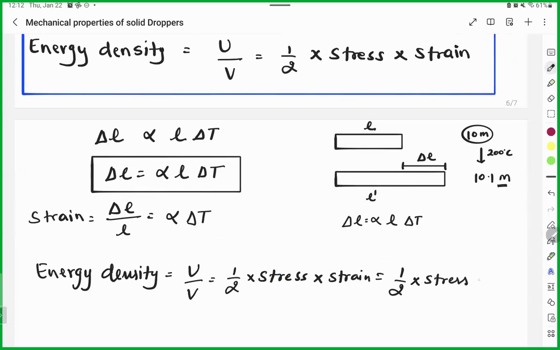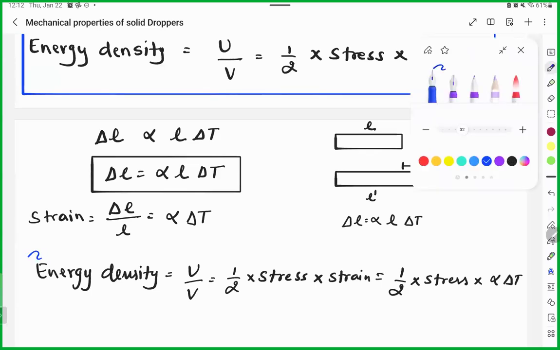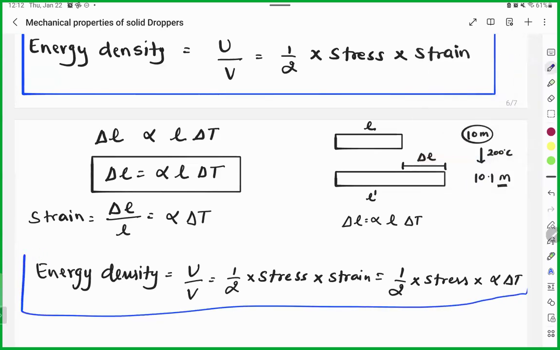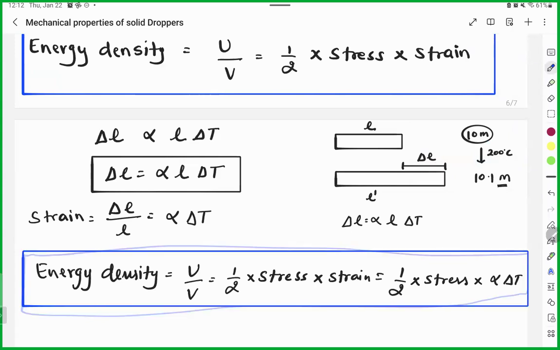Instead of strain, can you write alpha delta T? Isn't it this thrill? Isn't this thrill? Instead of this strain, you are writing in a different form.